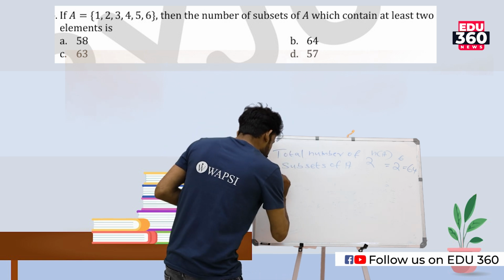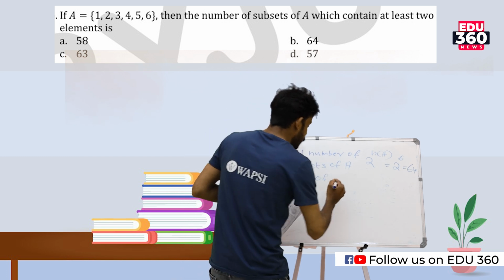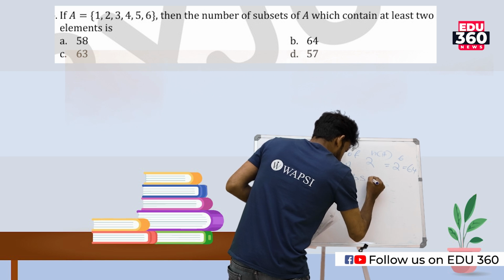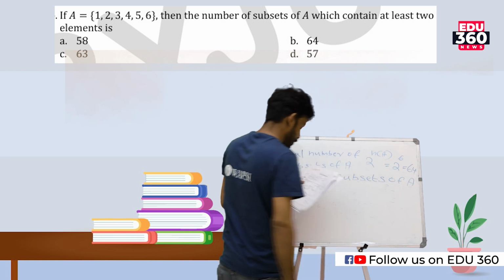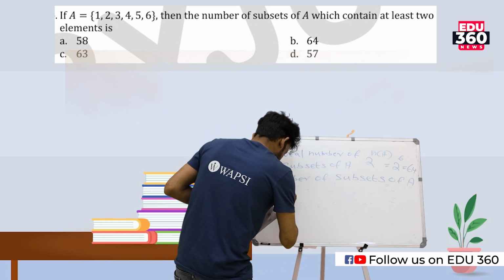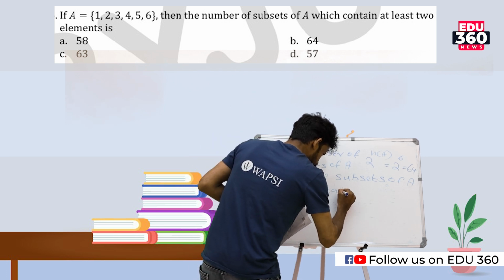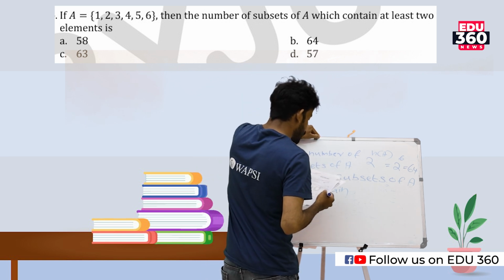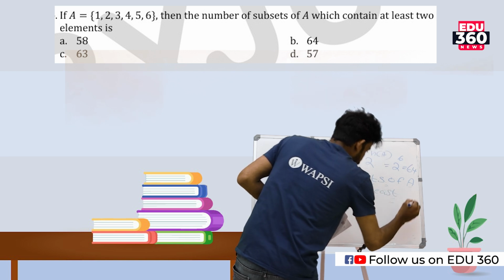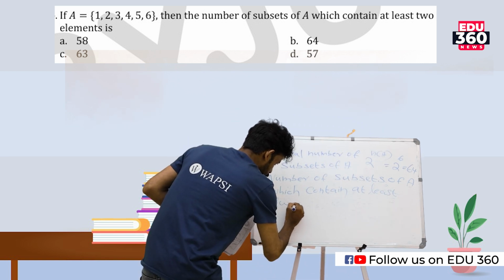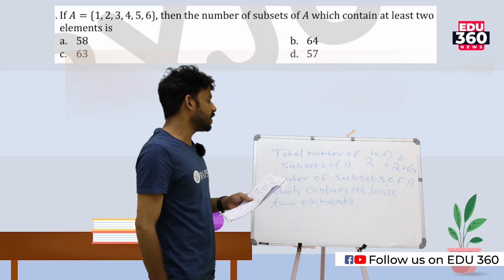So we can write the number of subsets of a which contain at least two elements.